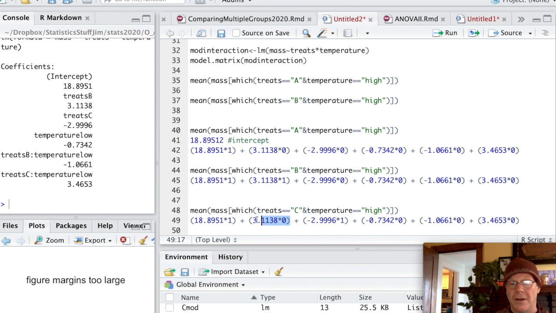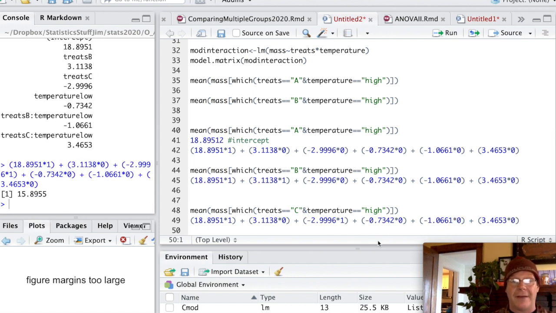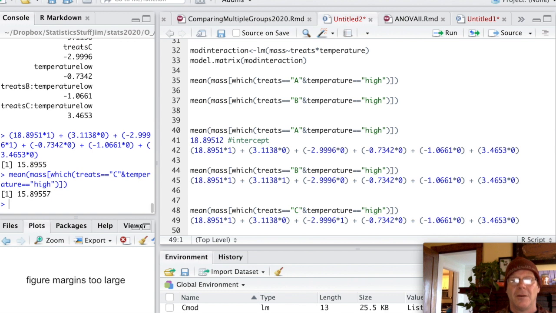But now we're in treatment C, so we're going to multiply this coefficient by 1, which means that that switch has been turned on. It's going to be included in the model. We're not at anything to do with a low temperature yet, so all of those are going to be multiplied by zeros. They're going to drop out of the model. So we go ahead and we run that. We get 15.89, which is the mean for treatment C at a high temperature.